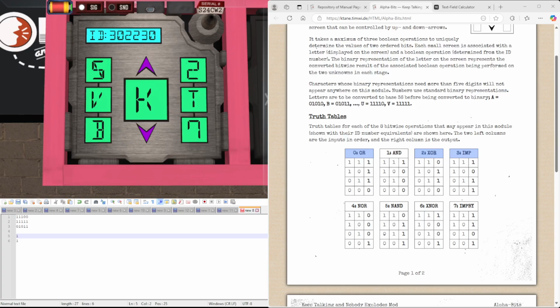What gives us 111? 01. Gives us, that's 11 again. 011 is 10, and then 10.